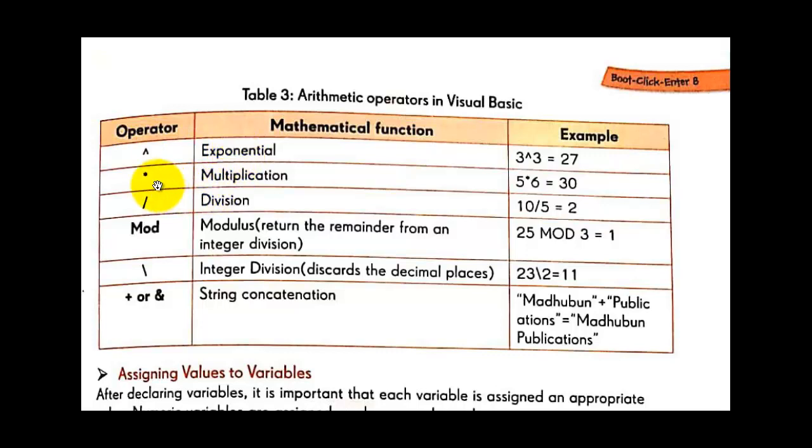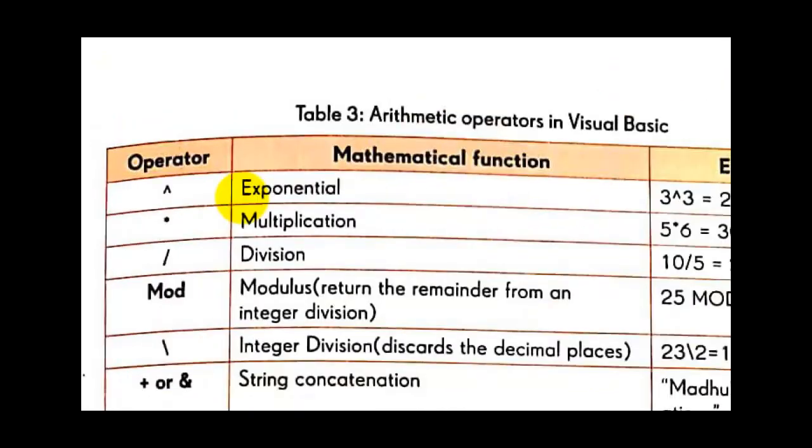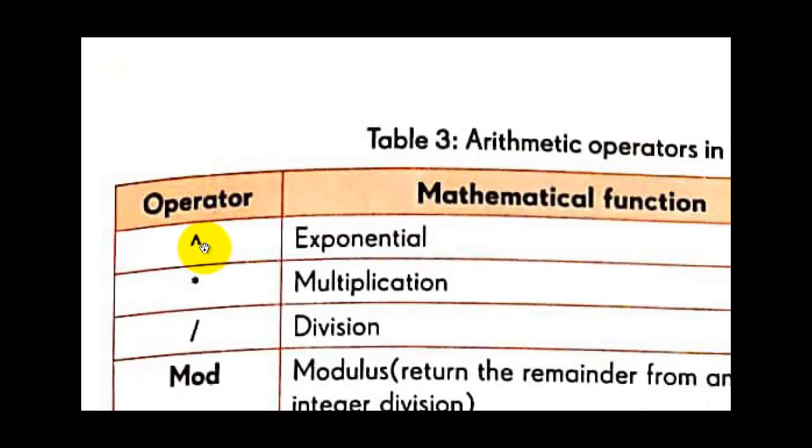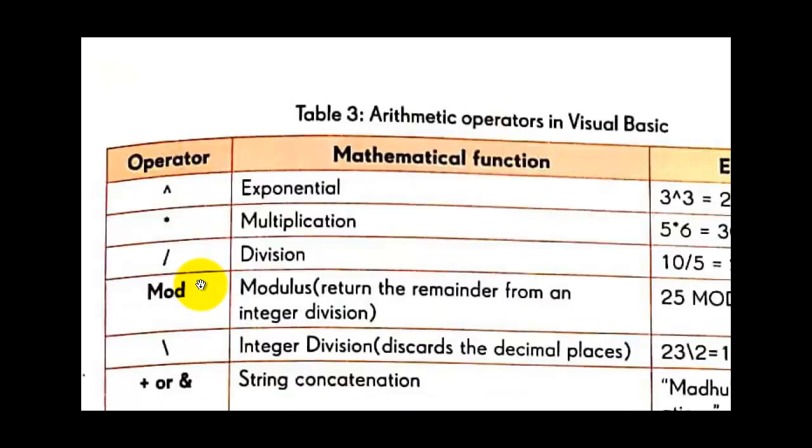Then what is this? This is not a dot, this is asterisk. I'll zoom in a little so that you can see clearly. Here it appears like a dot, but it is not a dot, it is an asterisk, a star symbol.